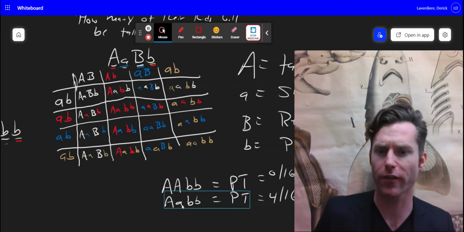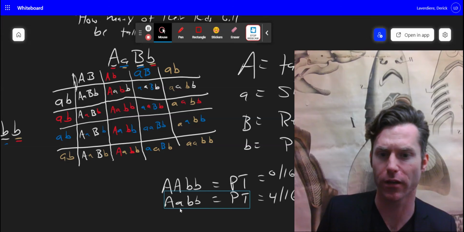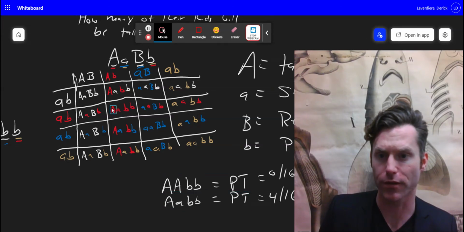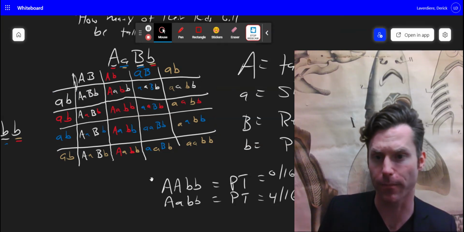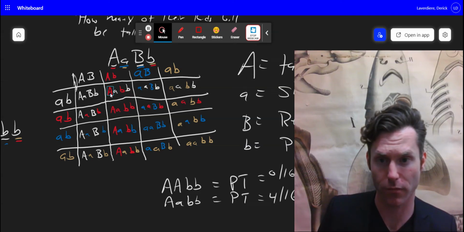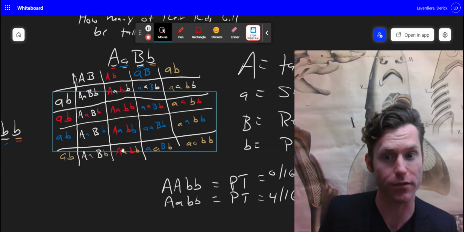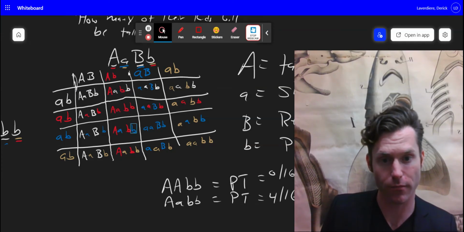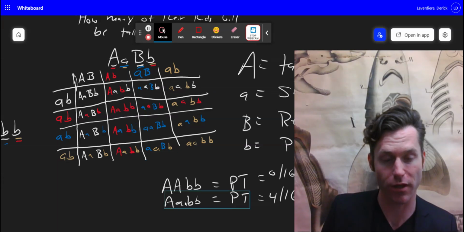I am going to have some heterozygous homozygous pairings. And so I'm looking for big A, little b, little b. And so this is not that. So that whole column is not that. This is that. Heterozygous, homozygous, heterozygous, homozygous, heterozygous, homozygous, heterozygous, homozygous. And so all four of these are this genotype.